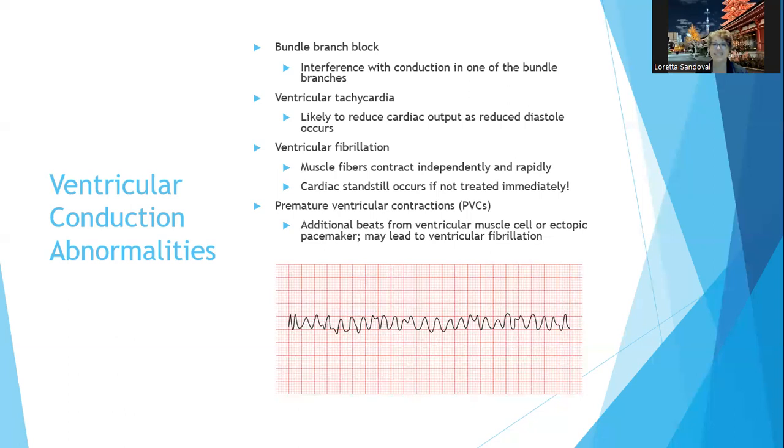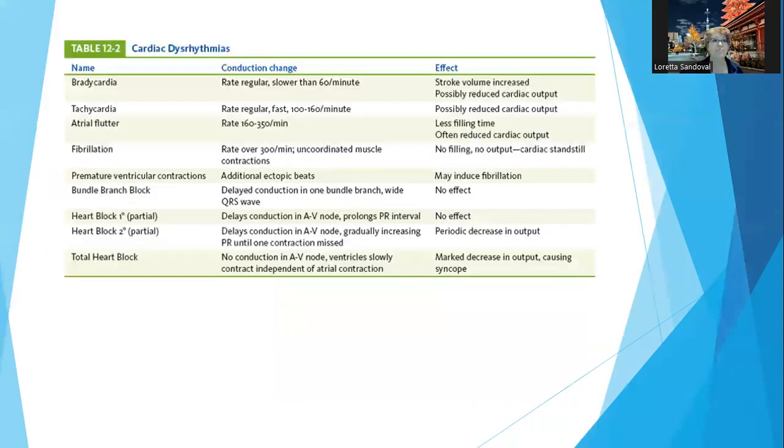Ventricular fibrillation is the most dangerous cardiac arrhythmia because the ventricles stop relaxing enough to fill, and it cuts down what's going out into the pulmonary and systemic circulation drastically enough to kill you. So if somebody asks you someday what's the most dangerous cardiac dysrhythmia, ventricular fibrillation is the answer.